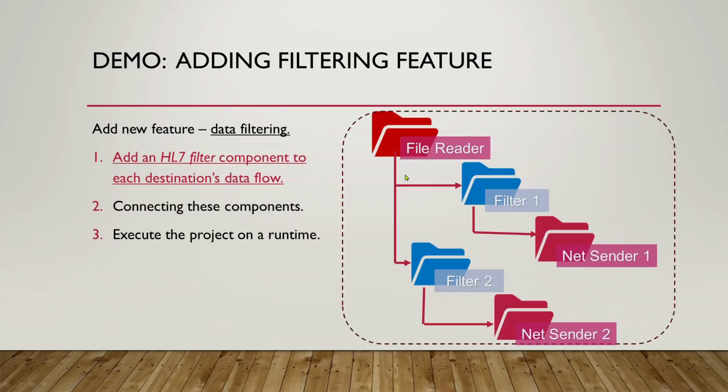Now let's say your requirement also changed. You want to be able to send your data to multiple destinations, but for each destination, you want to be able to change the data being sent out according to the file content.